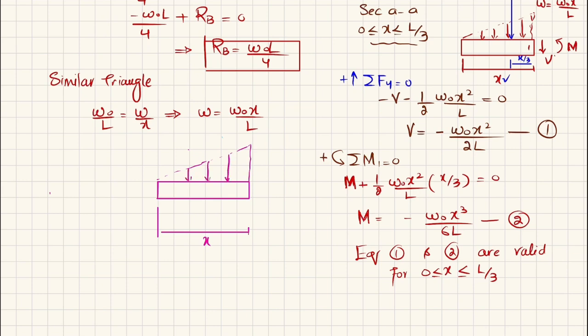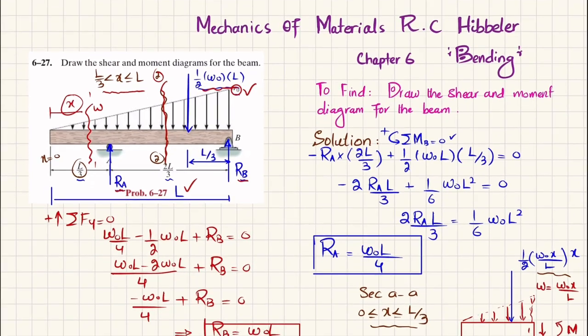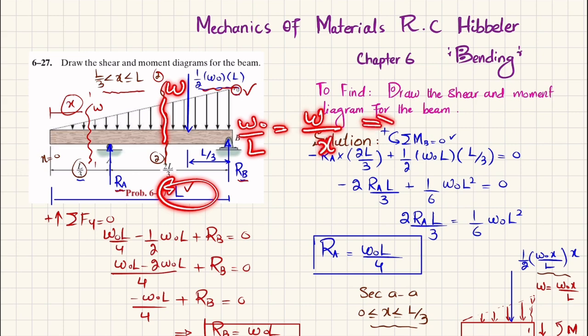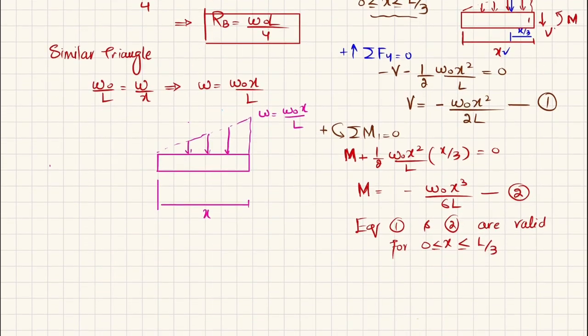The magnitude at this point will again be W naught X over L. You can see you will have two similar triangles, one is this one and the other one is this one. So if you take the ratio of their sides, W naught over L will be equal to W over X, where the magnitude is W. So from here W will be equal to W naught X over L.